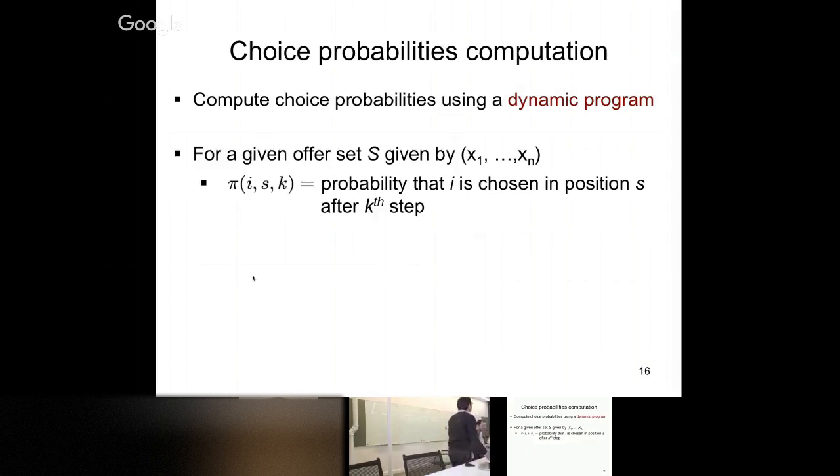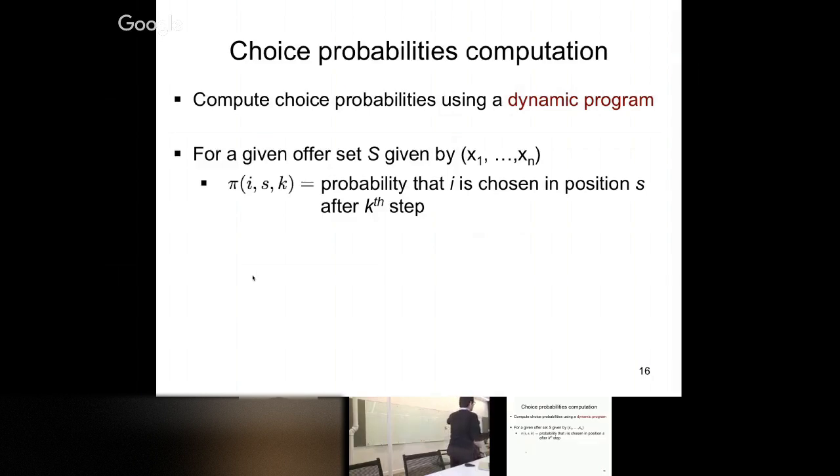So then why is it a summation of pi of I and not just pi of I? Because when you choose, you may end up choosing at any position in the list. You will choose the first item among the set, but that first item could appear at the top of the list, could be the second, could be the third.